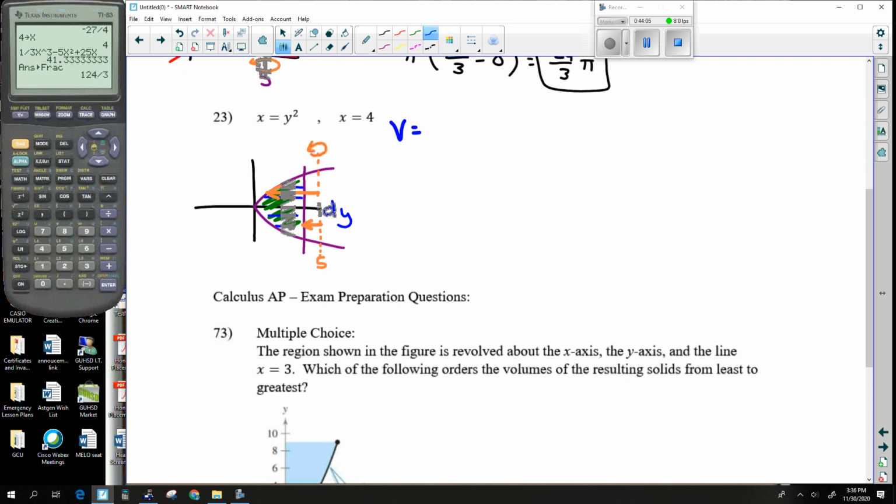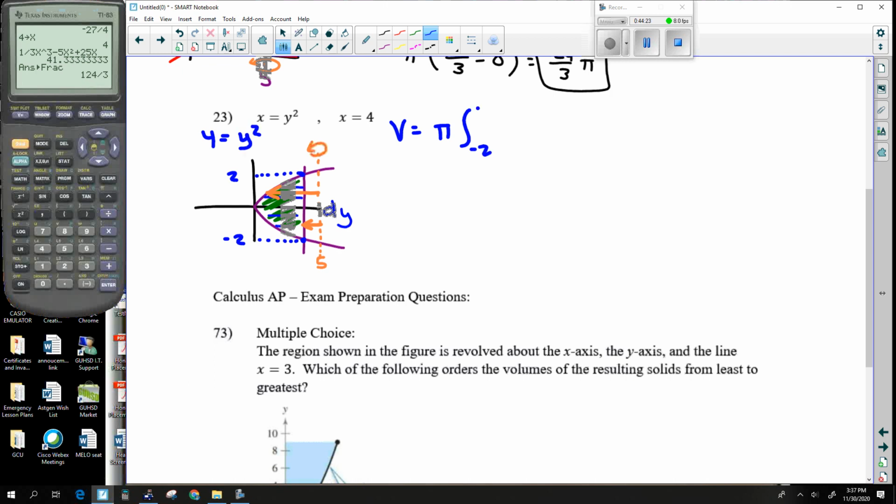So the volume in this situation is the disk method, so it's going to be pi from, this is what, -2? This is +2. Again, set these things equal to each other. 4 is equal to y squared, plus or minus 2.